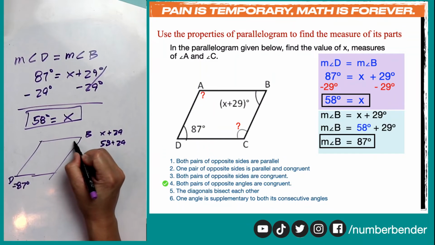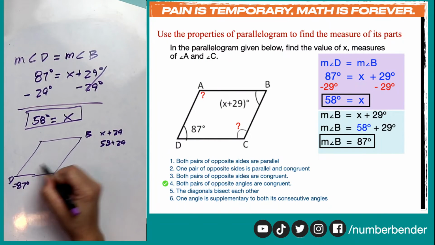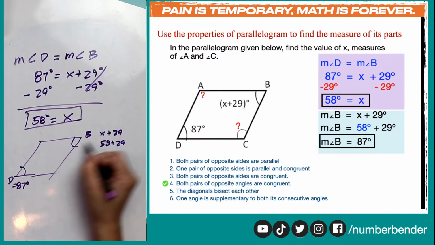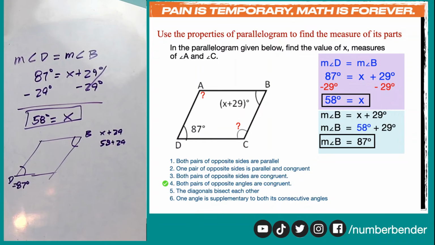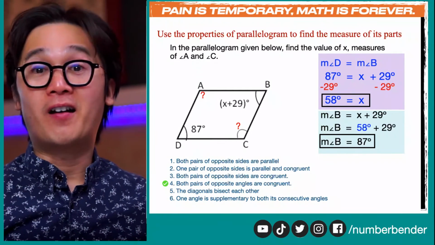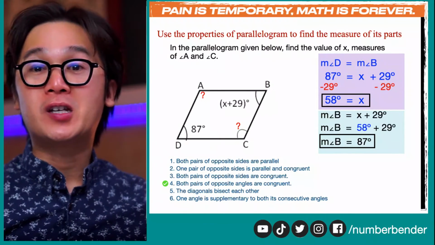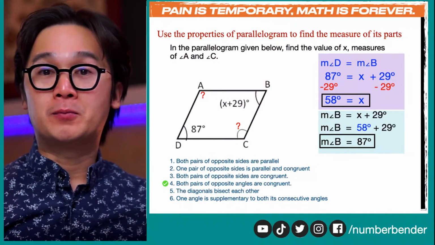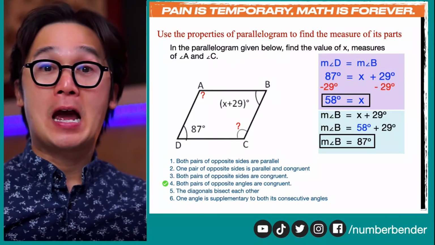So now we know that this is also 87 because they are congruent, because they're opposite each other. So we're able to prove that it's a parallelogram because we know that D and B are equal to each other when we substituted our x variable, which is 58, in our expression.